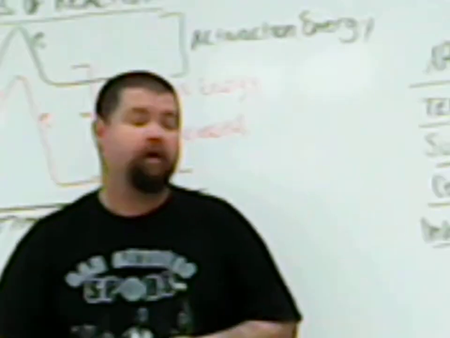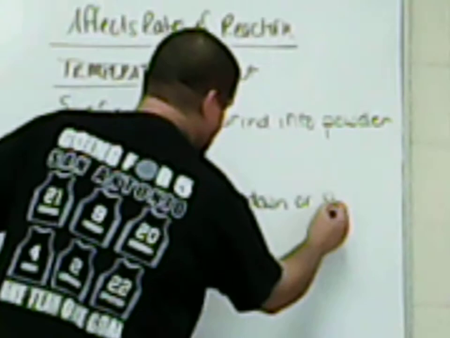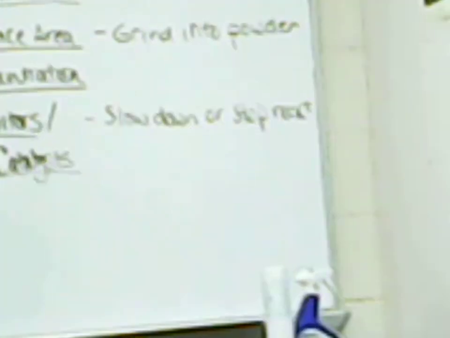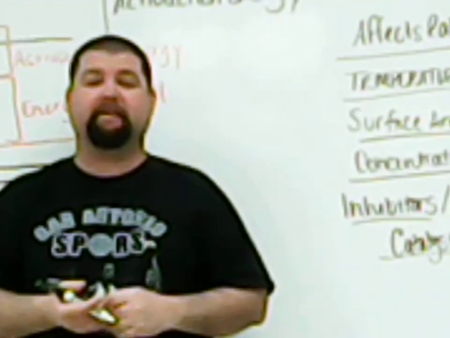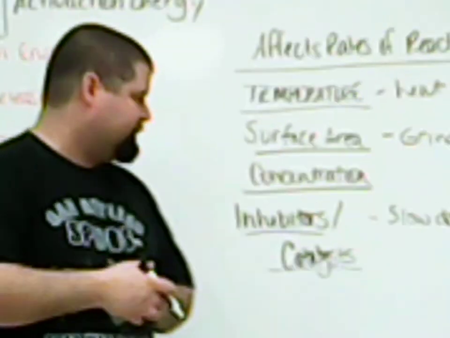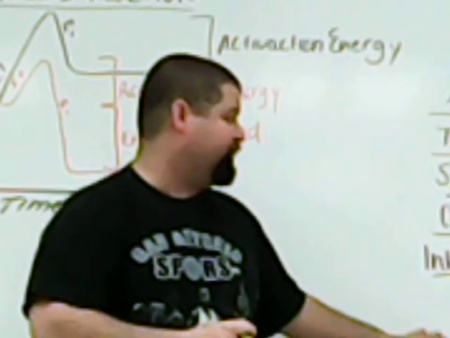So they're going to slow down or stop a reaction. And then, of course, the opposite, catalyst. Catalysts are things that will speed up a reaction without being consumed. Here they are, they speed up reactions. But generally are not used up, and so can be used again and again as catalysts for reactions.